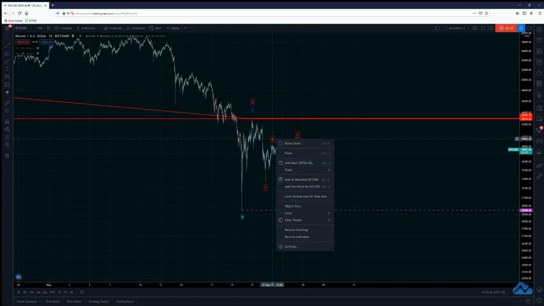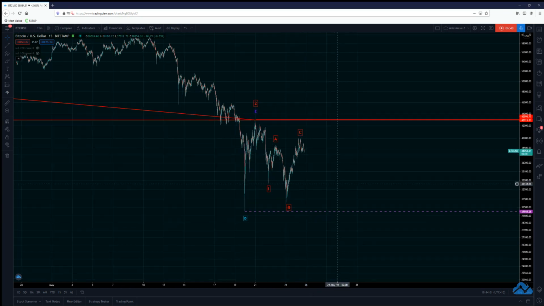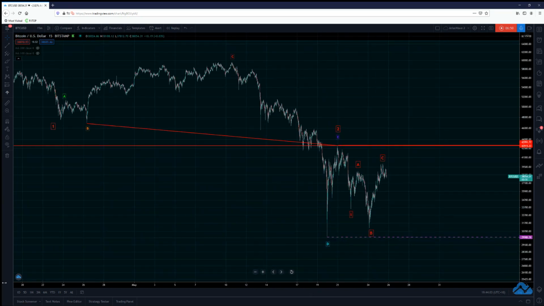But for now, we're just going to stick to that idea. In order for this idea to not be invalidated, Bitcoin cannot go above 43,000. If Bitcoin goes above 43,000, then this particular idea is invalidated and I will need to readjust the count.